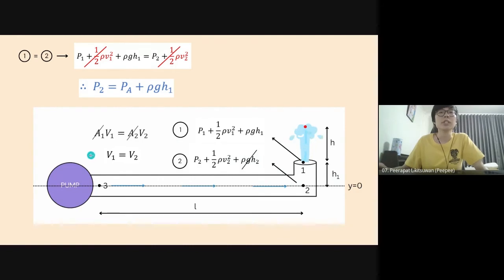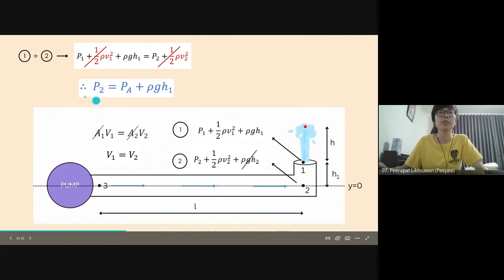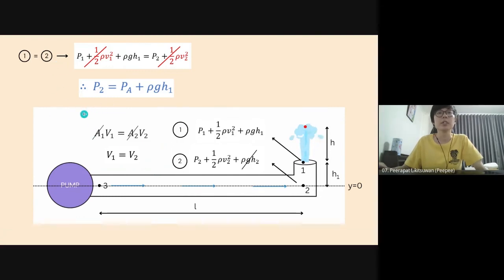So we need to substitute this term into this equation. So the second term of each side will be cancelled out, and we will get the pressure at point 2 from the Bernoulli equation. And you might wonder why P1 turns into PA.